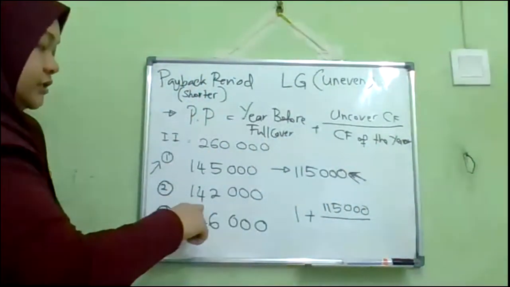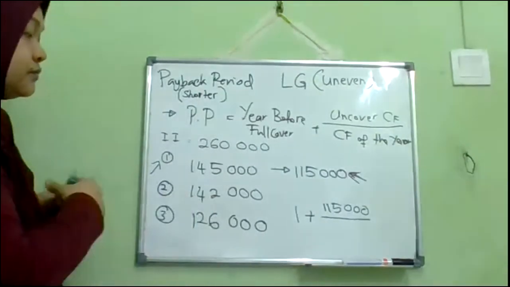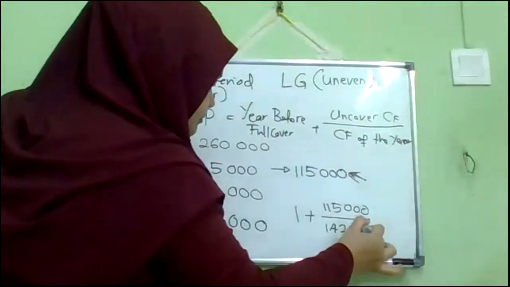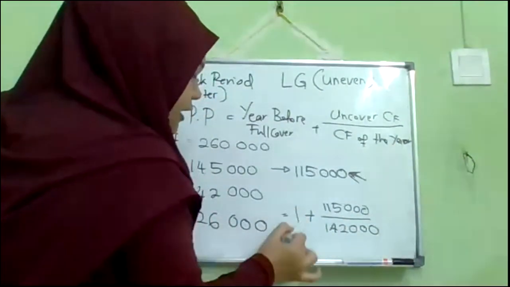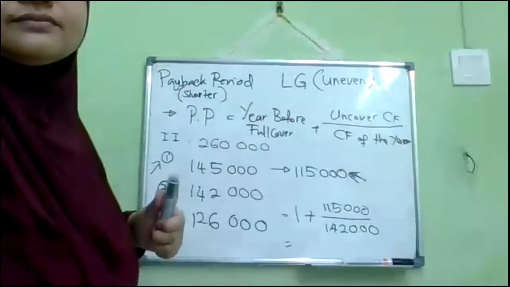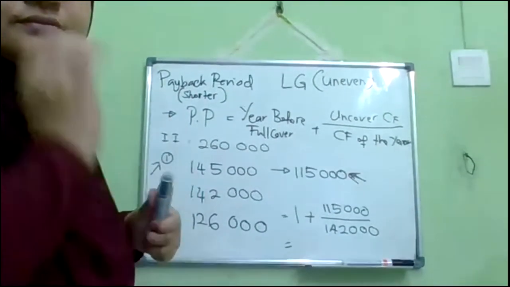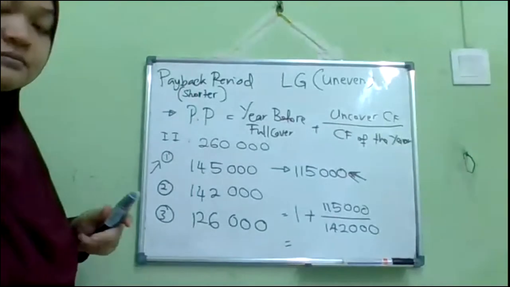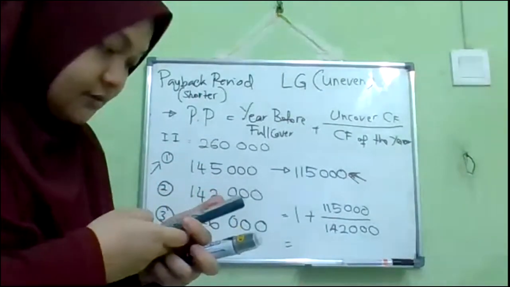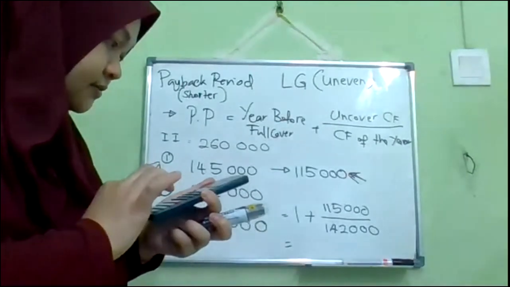It is cash flow at year 2, 142. Now you can straight away calculate it. 1.81. Yes. 1.81.